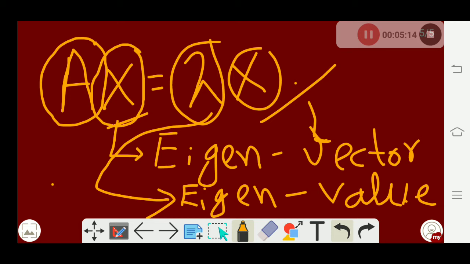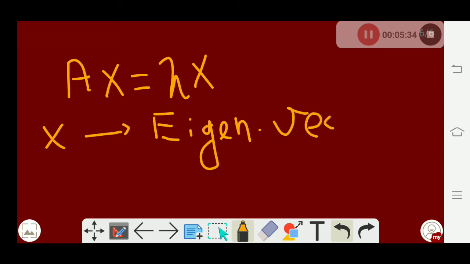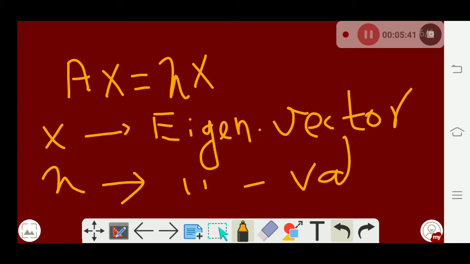So this is the basic concept: AX is equal to lambda X, where X is known as the eigenvector and lambda is known as the eigenvalue. This is the basic definition of eigenvector and eigenvalue.